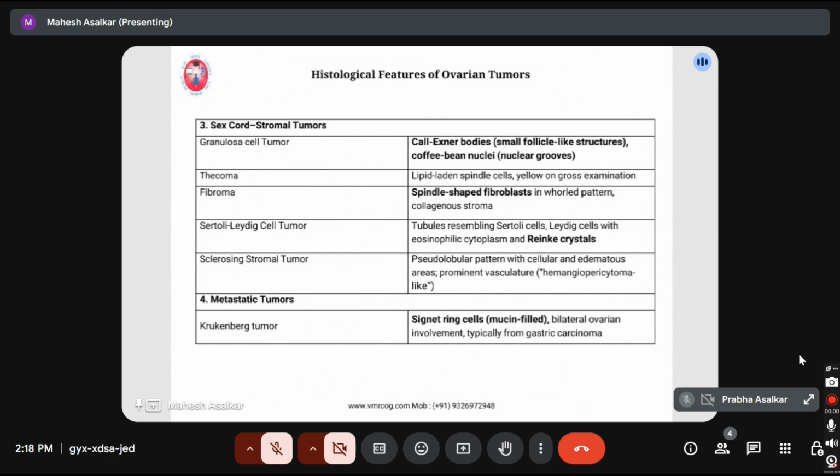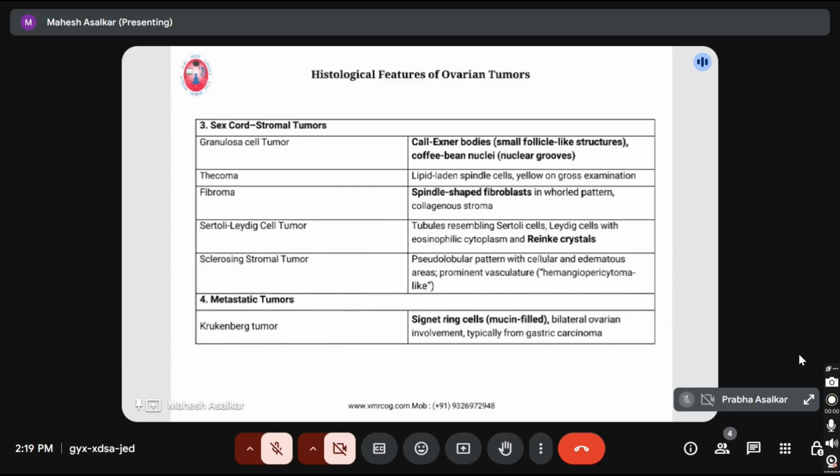The sex cord stromal tumors, in which the first is granulosa cell tumor. Here the characteristic feature is Call-Exner bodies. These Call-Exner bodies are small follicle-like structures, and the cells have coffee bean nuclei. There is a nuclear groove, that is why it is called coffee bean nuclei. Then thecoma will have lipid-laden spindle cells, yellow on gross examination.